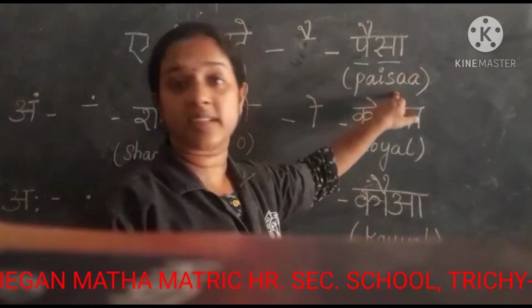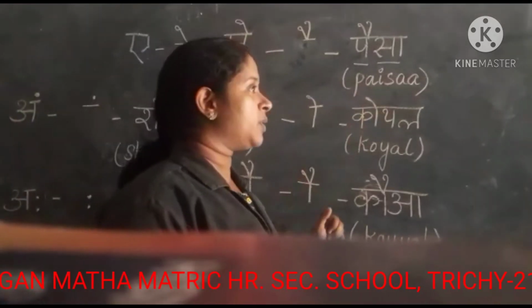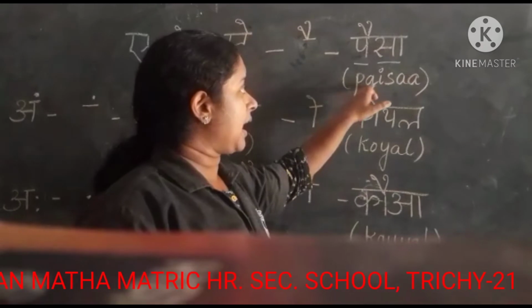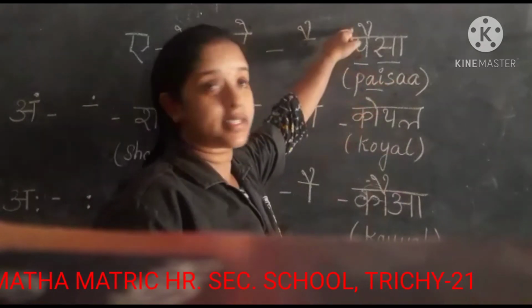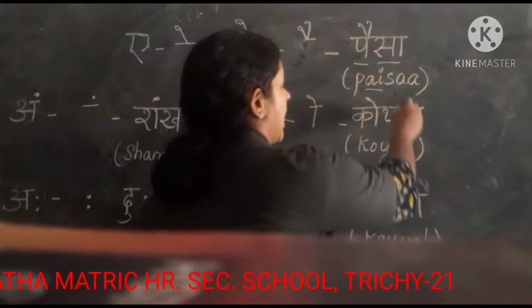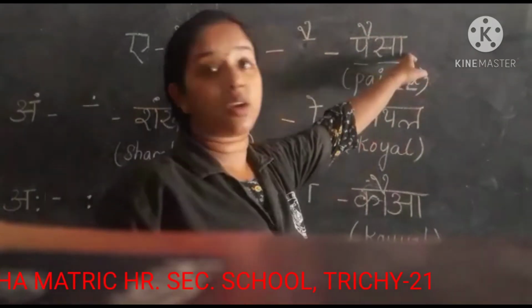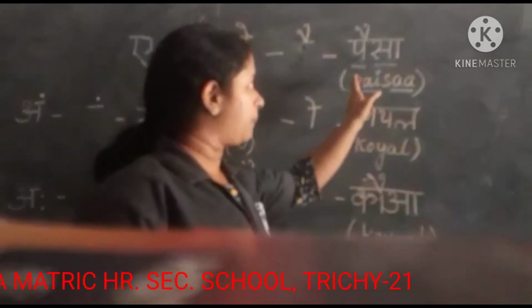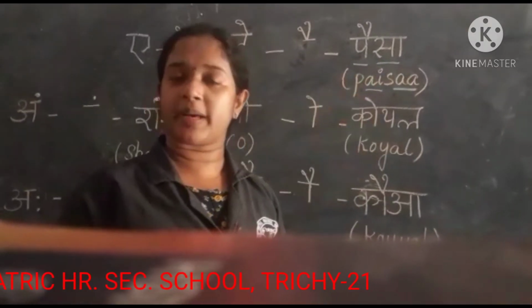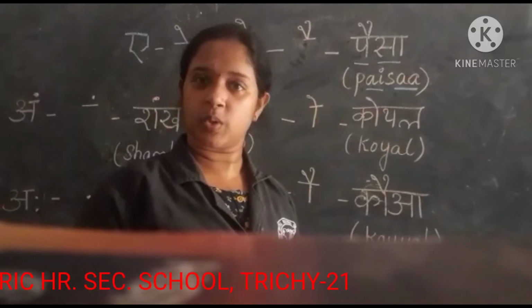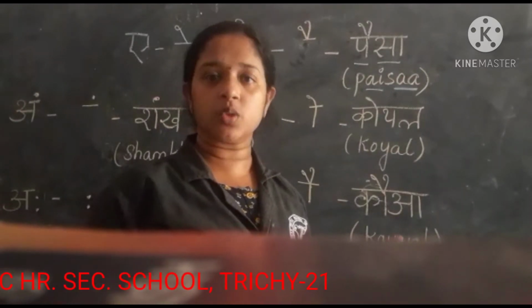Paisa. See, here I have written in English also to understand it better: P-I-A. That I denotes the symbol of I, and A denotes the symbol of A. Okay, so Paisa. Yes, Paisa, and the meaning of Paisa in English is money, rupees.